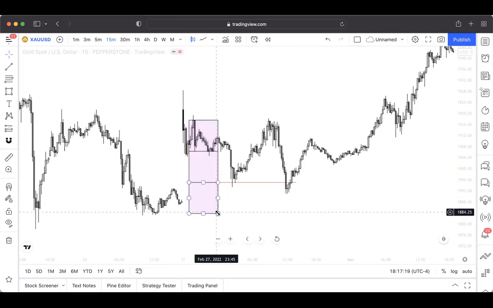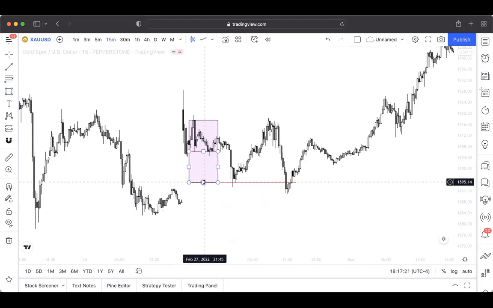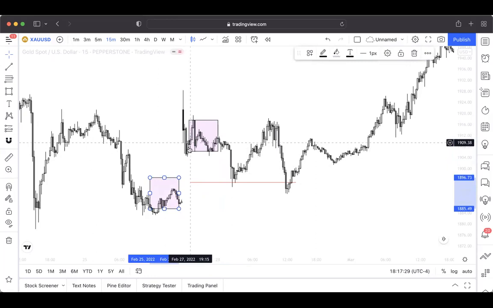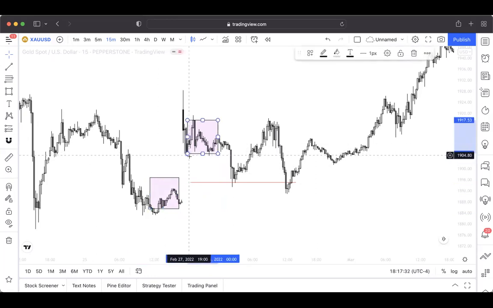Because when you want to measure an entry with the standard deviation, you must actually use the bodies of the range, right? So here you must use the bodies right there.